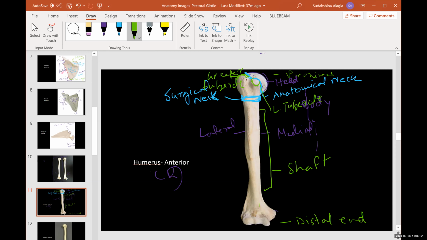So the head, the anatomical neck, surgical neck, the two tubercles, shaft. Along the shaft, look at this ridge. See that? Ridge and slight protrusion. It's a rough protrusion.